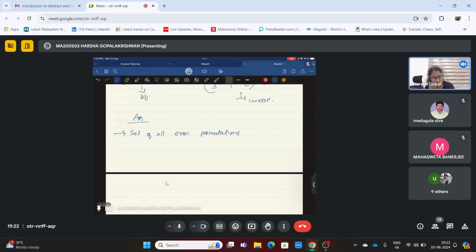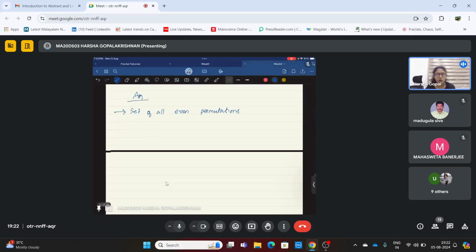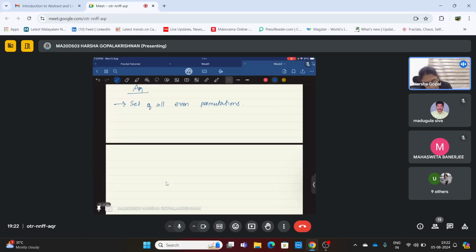I will just tell some elements that belong to An. For example, suppose my set is 1, 2, 3, 4. Now I am taking the element (1 2). Is this an even permutation?